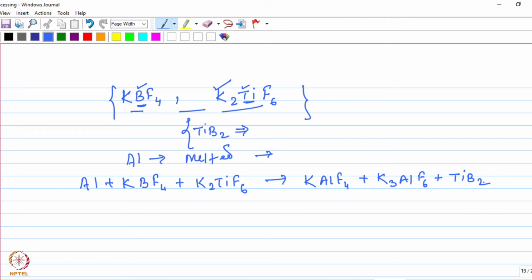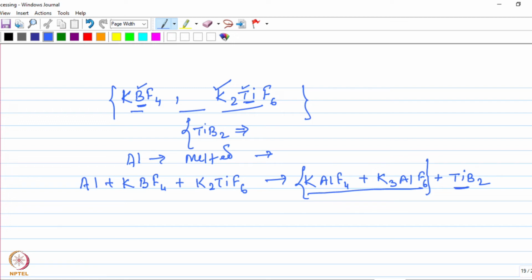So these byproducts that you have, they will go to the slag, and these particles will go into the metal. Okay. So before pouring, you have to decant this top layer, which contains these byproducts, and remove it from the top of the molten metal.